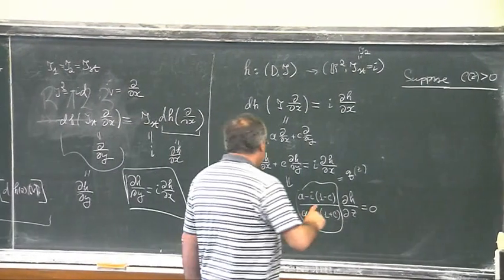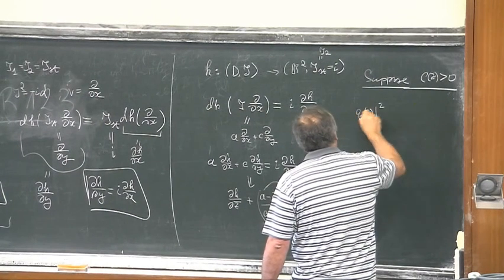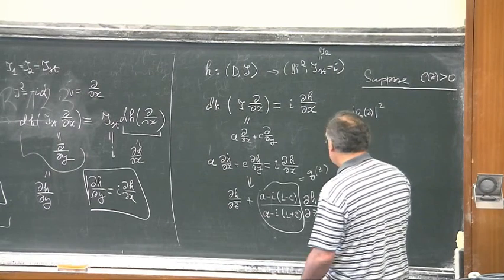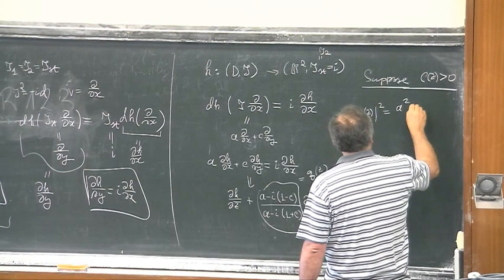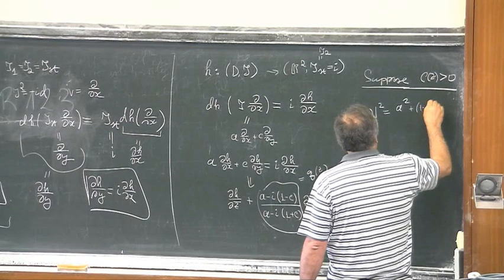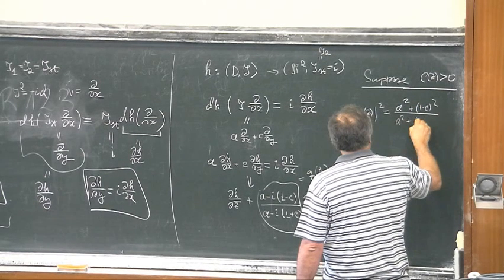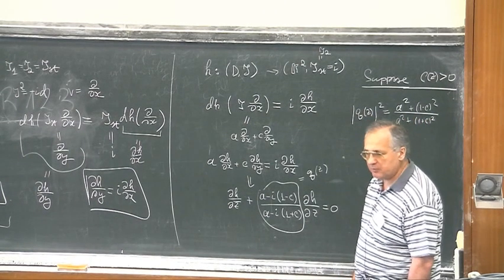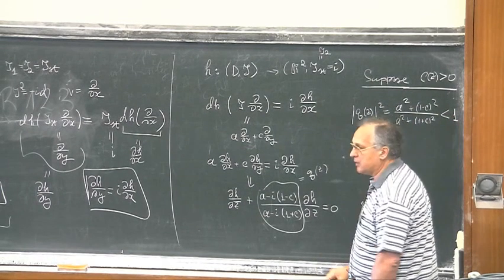And then you see that the square of the modulus of this coefficient q is a square plus (1 minus c) square divided by a square plus (1 plus c) square. And in the case of a positive c, it's strictly less than 1.